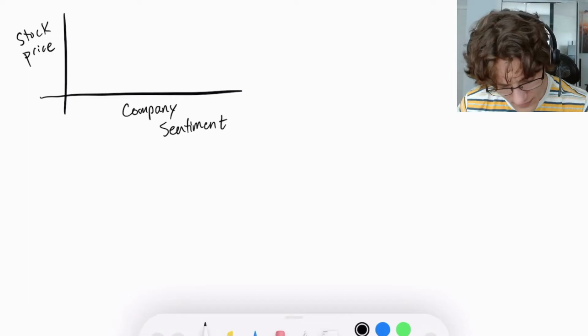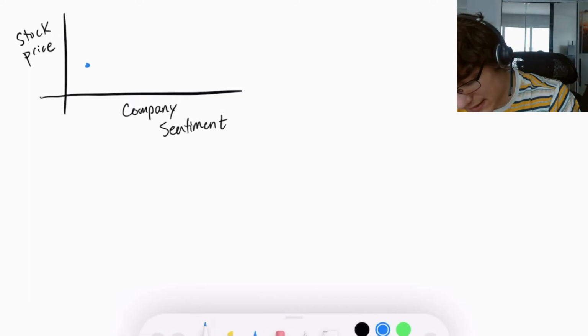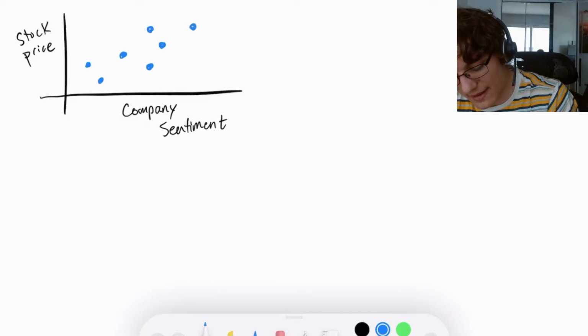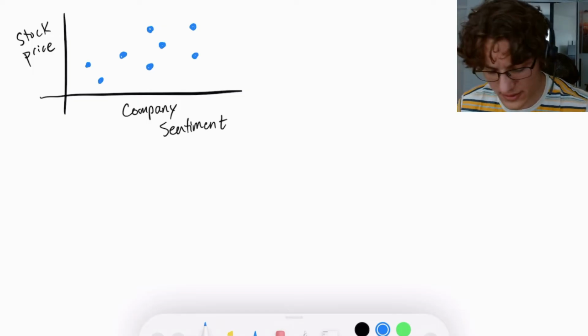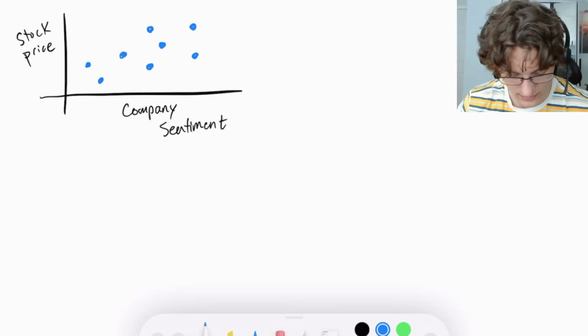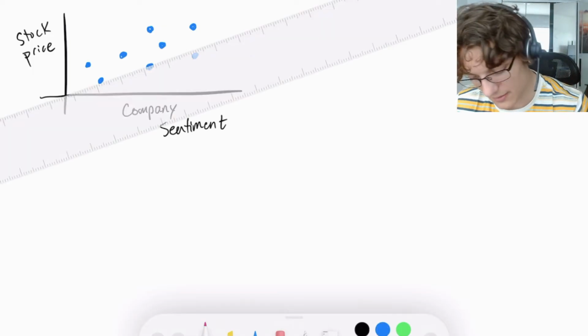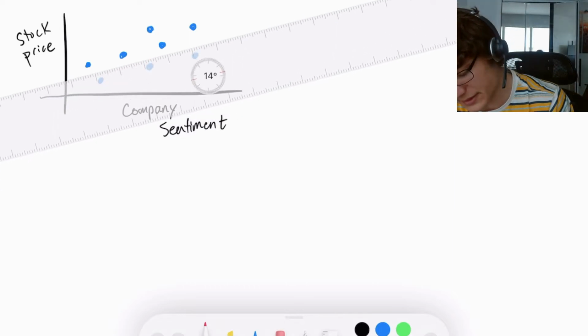In this scatter plot, let's consider that we have some points that look something like this. We have this pretty strong positive linear correlation between company sentiment and stock price.